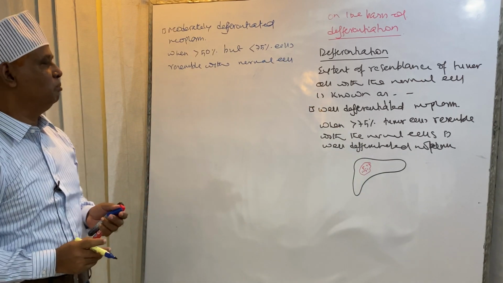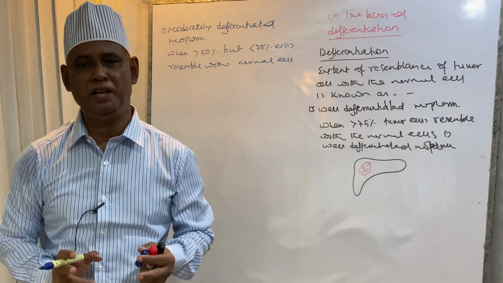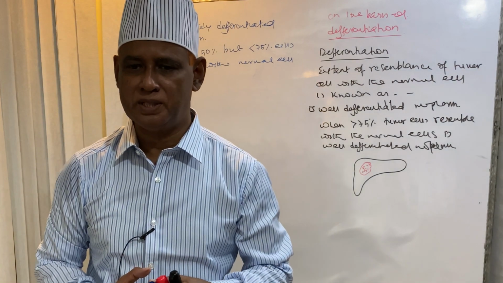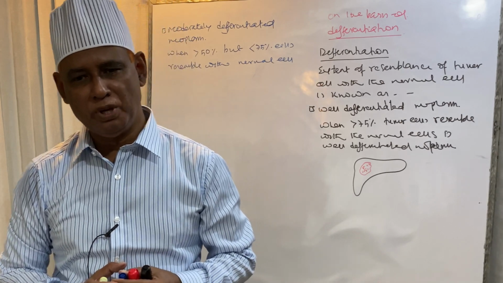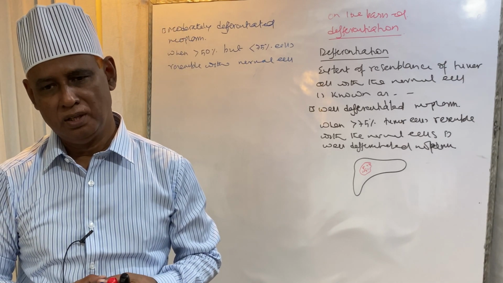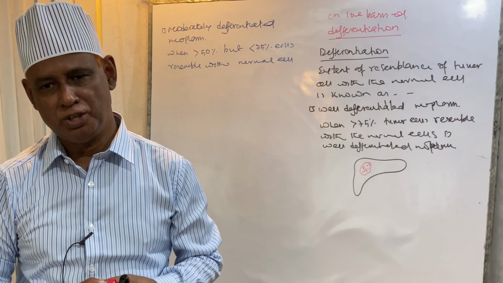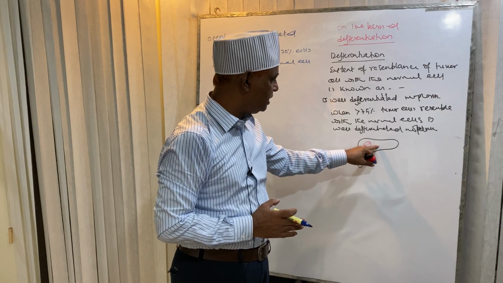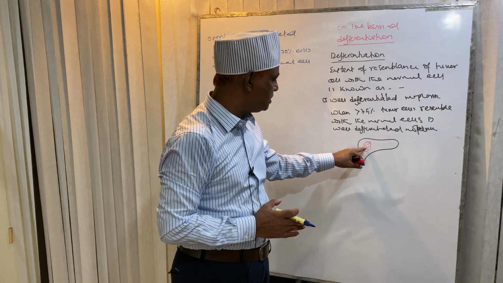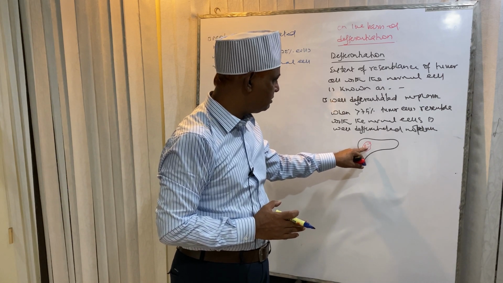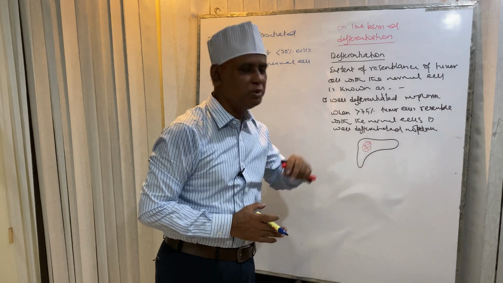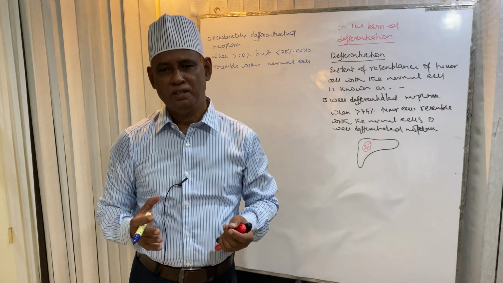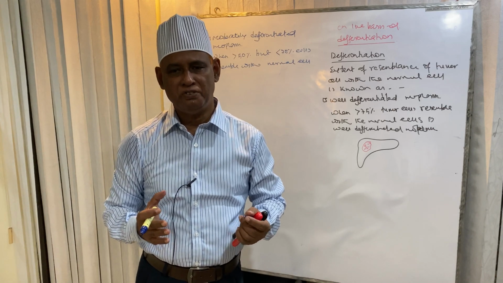If this is a neoplasm in a liver, and more than 50% but less than 75% of the neoplastic cells resemble the normal cells of the liver, then the tumor is known as a moderately differentiated neoplasm.